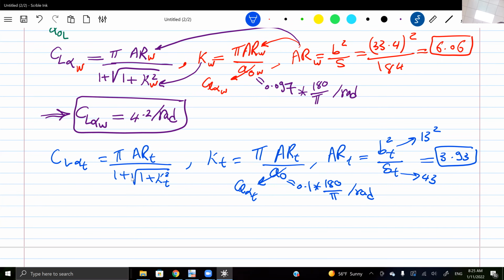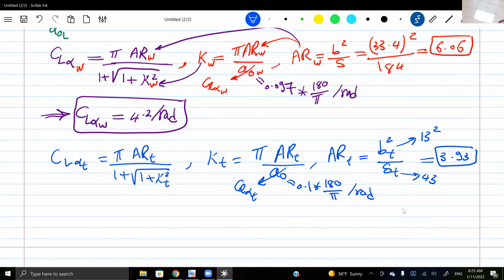So do you expect this blue thing, which has a smaller aspect ratio, to have smaller or larger CL alpha? So I use this aspect ratio, I got this CL alpha. I'm going to do it exactly the same now.